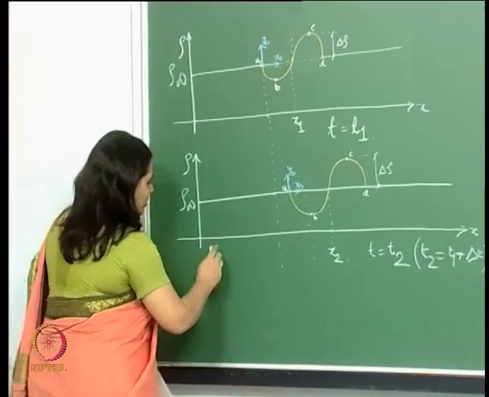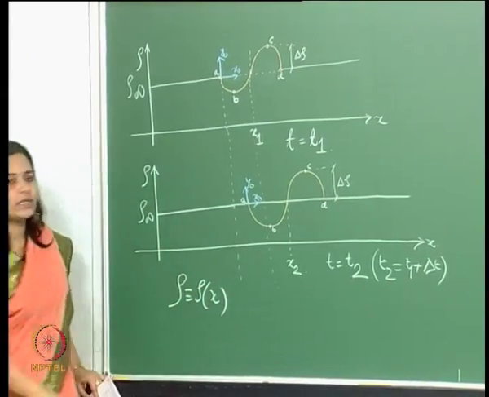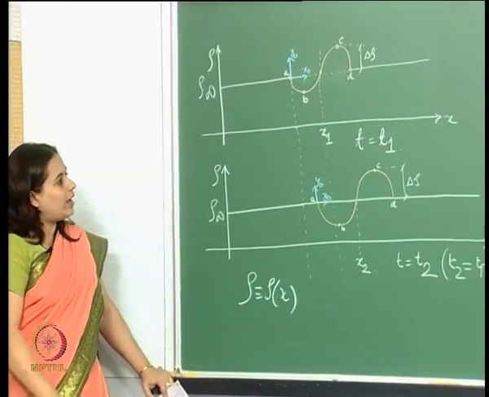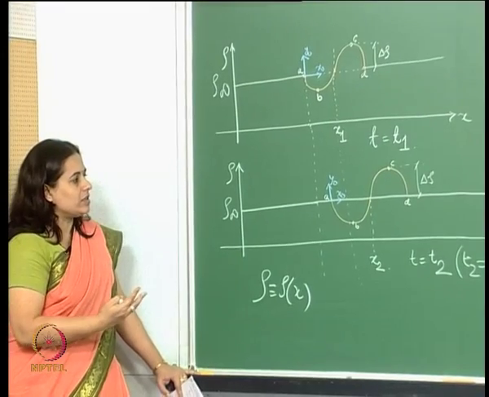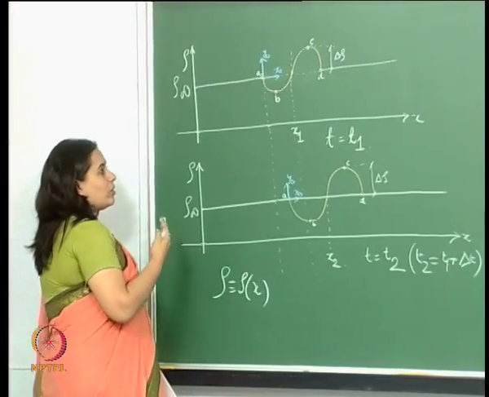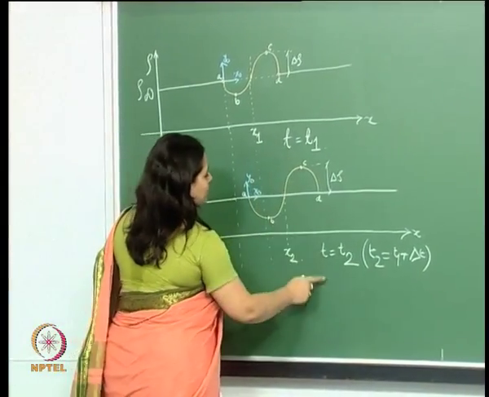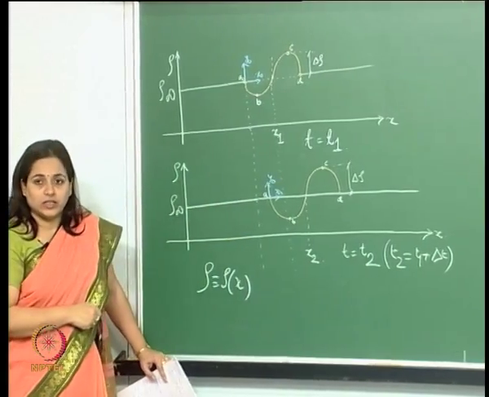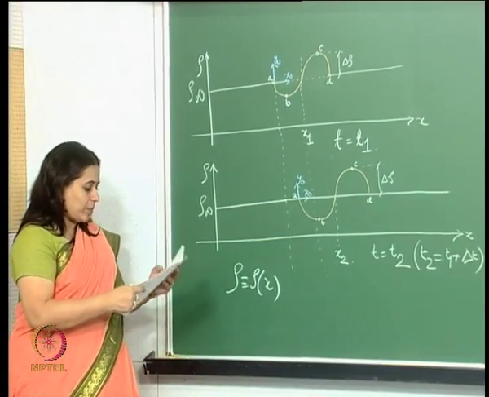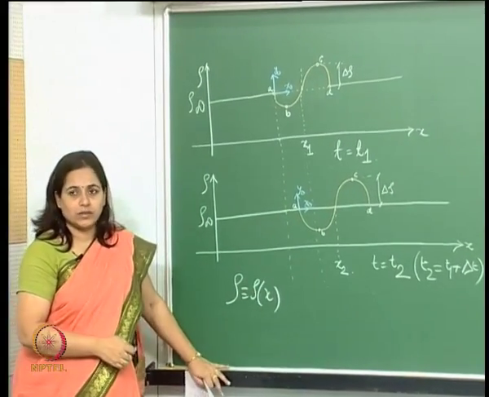As of now, it is a function of x. Now, let us also add that this is unsteady, so this picture also changes with respect to time. So, when I go from this time to this time, the picture also changes.